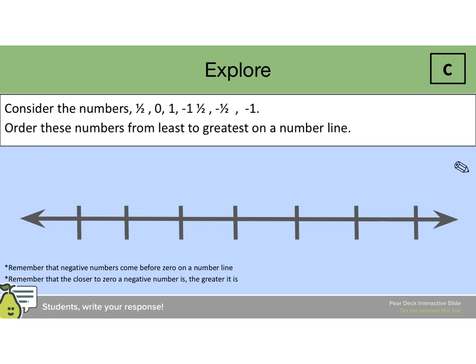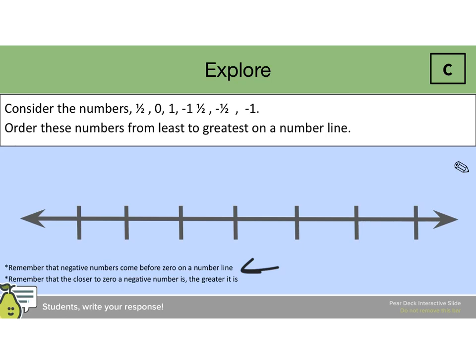And here are just 2 general reminders for students: negative numbers come before the number 0 on a number line, and the closer to 0 a negative number is, the greater it is. You might also want to remind students to think about the greatest and least values first.